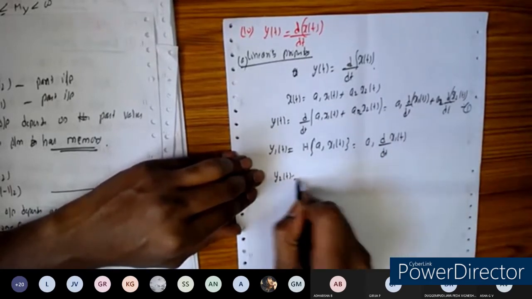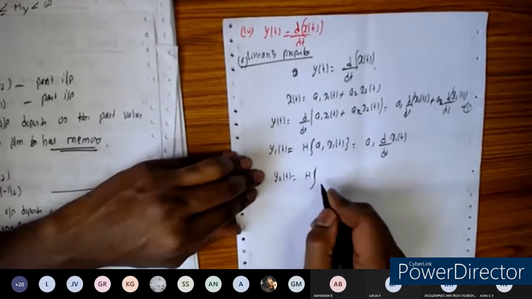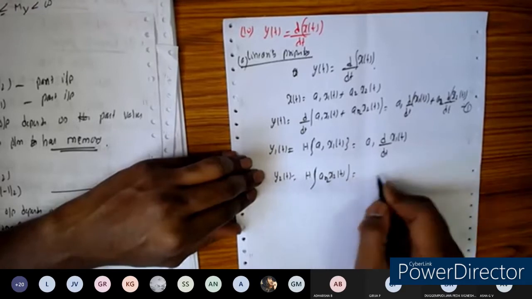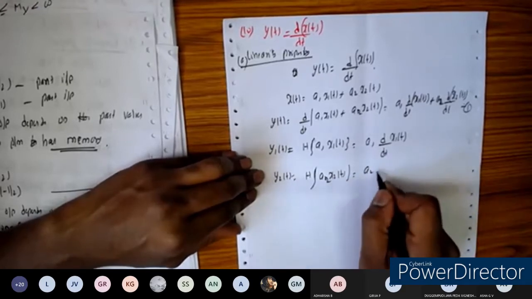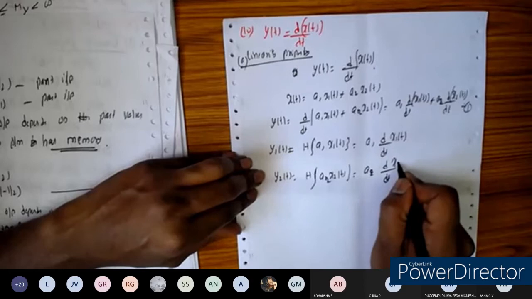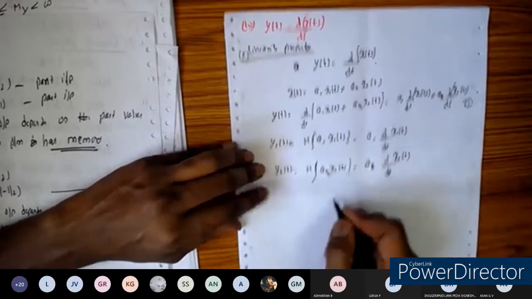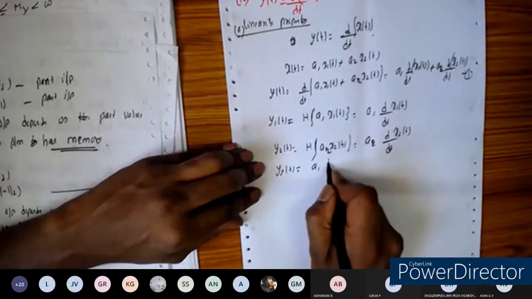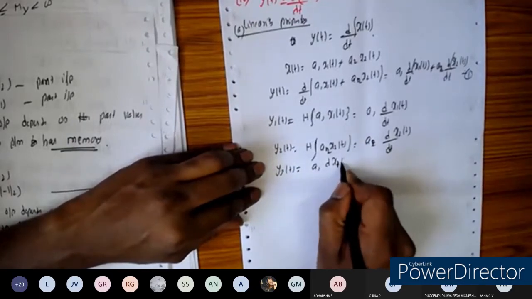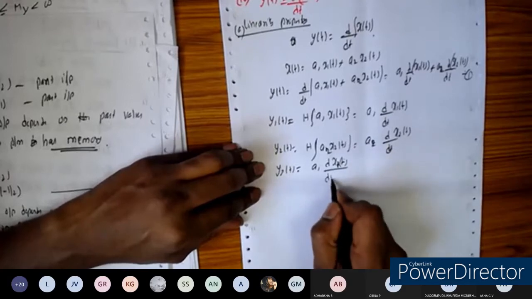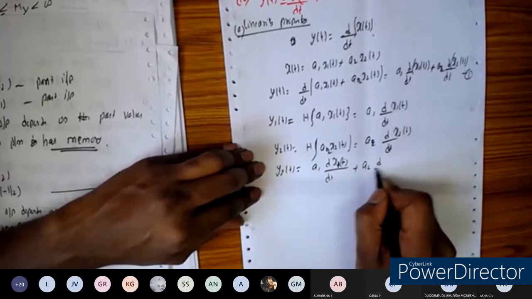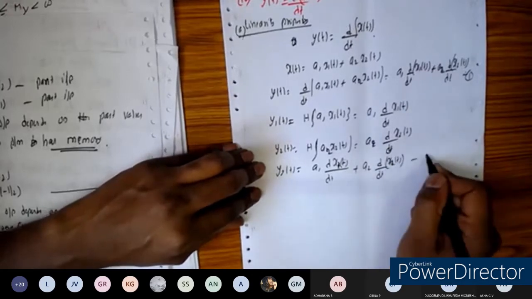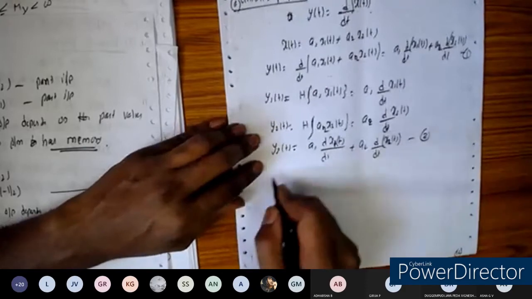Similarly, y2 of t is equal to h of a2 into x2 of t, let us give that as the input here. So it has become a2 into d by dt of x2 of t. Add these two things. So y3 of t is equal to a1 into dx1 of t divided by dt plus a2 into d by dt of x2 of t. Call this equation number 2 here.